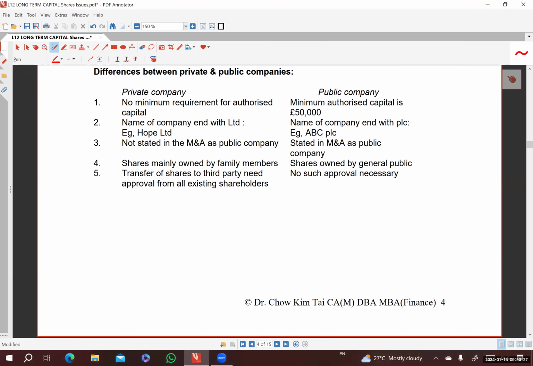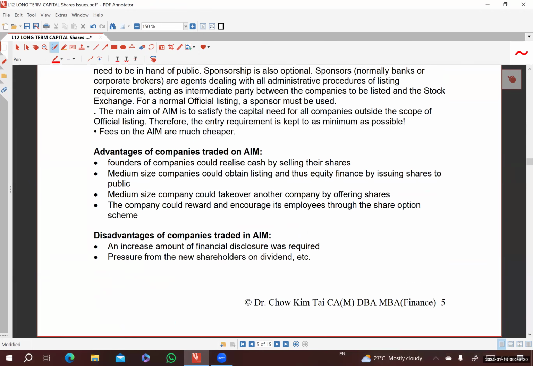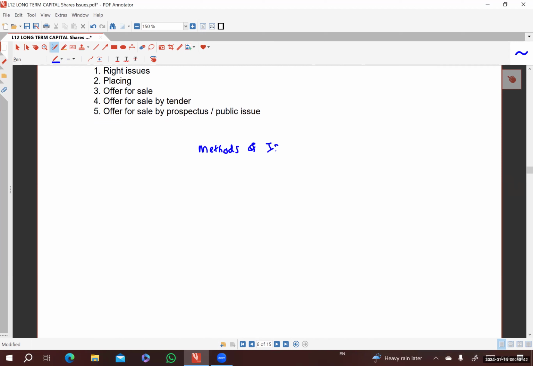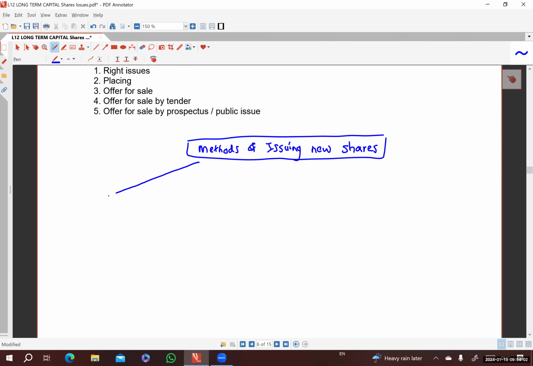We focus on methods of issuing shares. So I'm going to start from here. Methods of issuing new shares. There are a number of different methods of issuing shares.